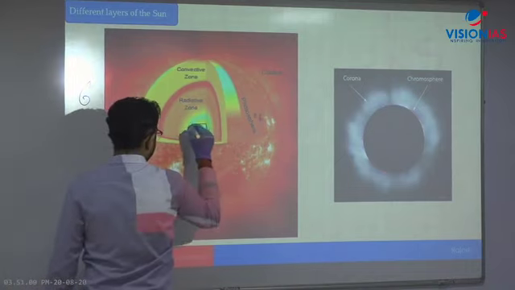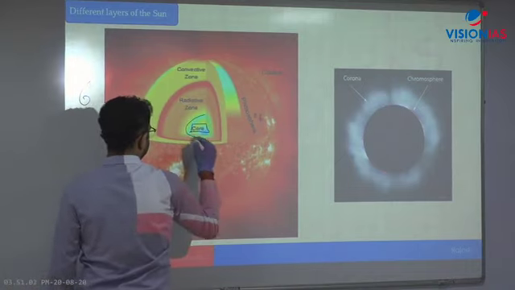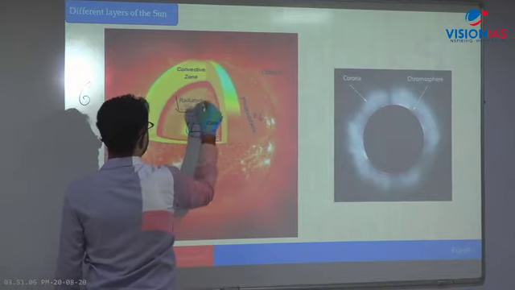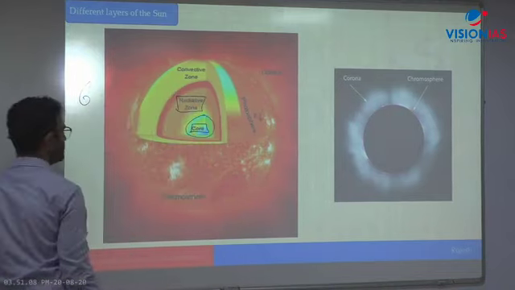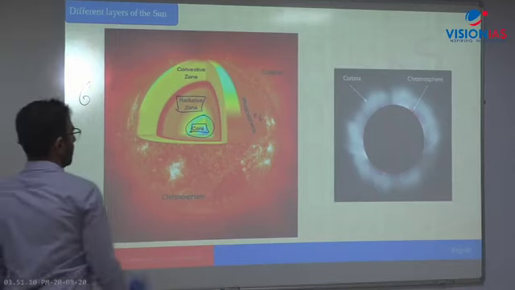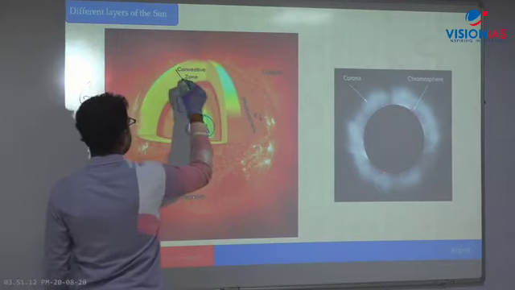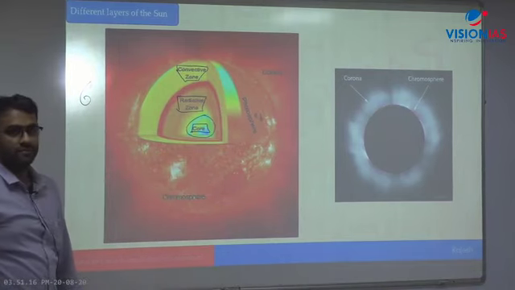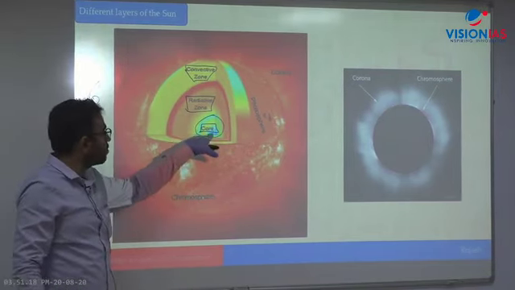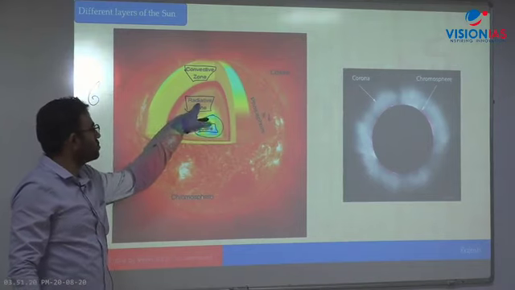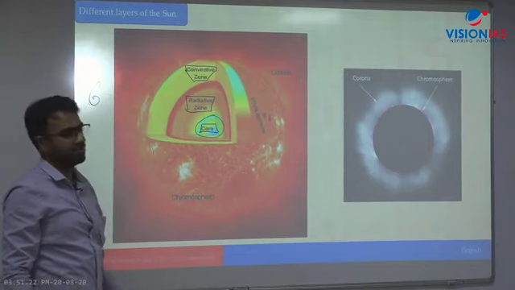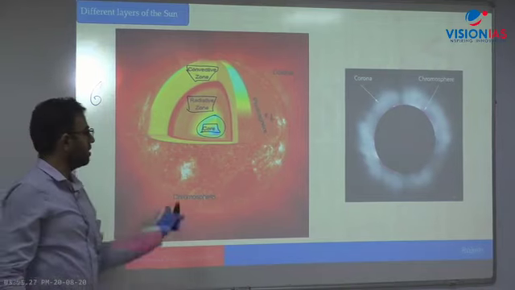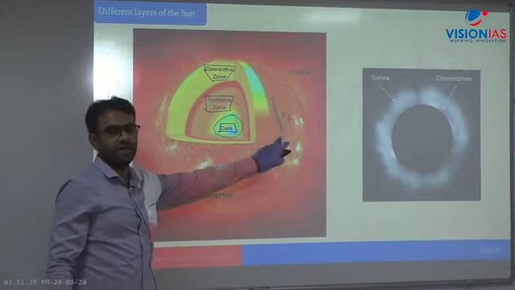The innermost one is the core. Above the core we have the radiative zone. Above the radiative zone we have the convective zone. These are the 3 interior layers: core, radiative zone, convective zone. The interior is done. The atmosphere is also made up of 3 layers.